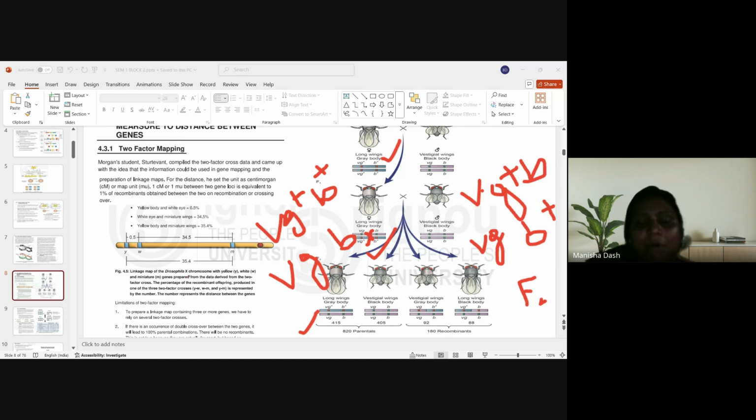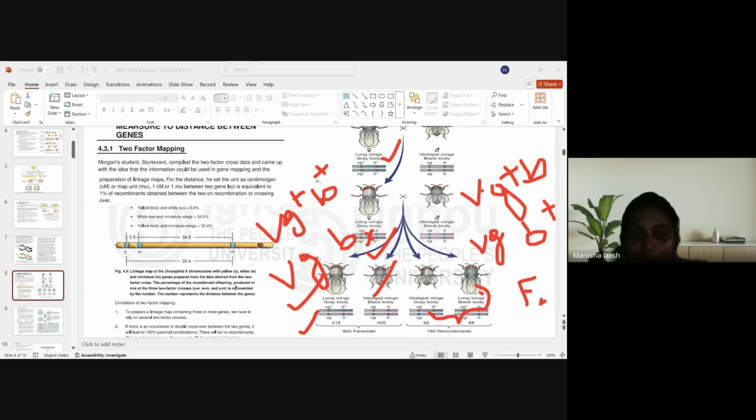So you have 4 different types of progeny where these two resemble the parental combination, because in the parent you have long wing gray body like this, vestigial wing black body like this. But you have 2 new characters, that is vestigial wing with gray body, which is not present in the earlier generation. Similarly, you have long wing with black body. So these 2 new combinations are called recombinants.